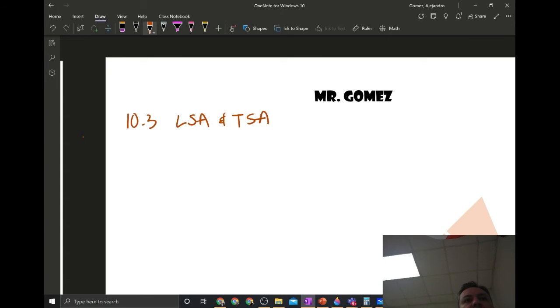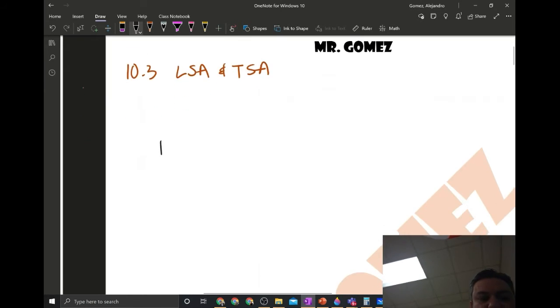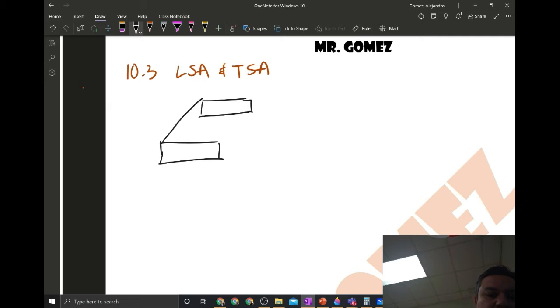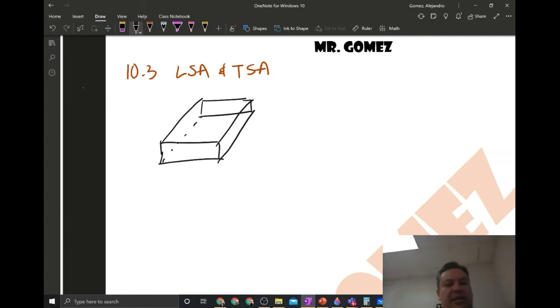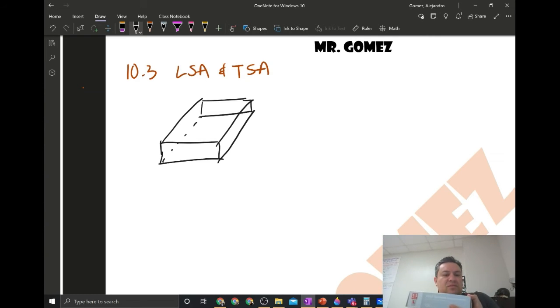Now, I'm going to try to do this with different colors so that you can see the whole thing. So, if I have a box, that's going to be kind of like this one, my glow box. Now let's identify my sides.